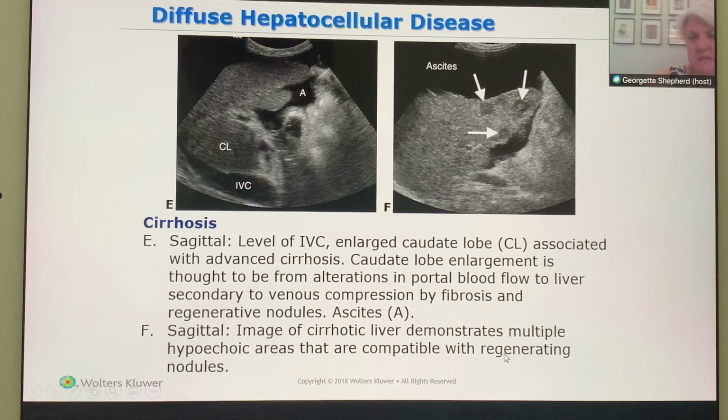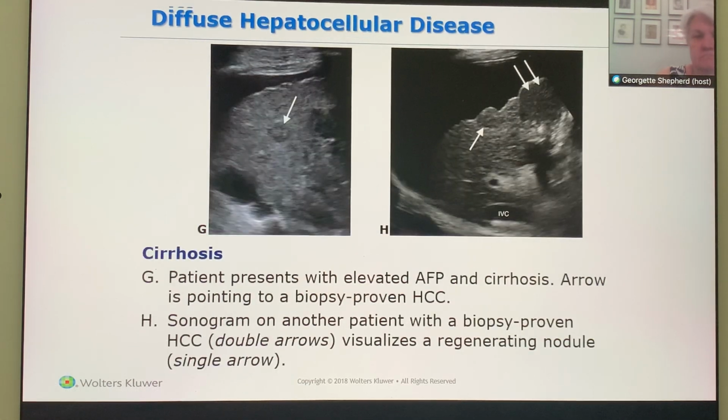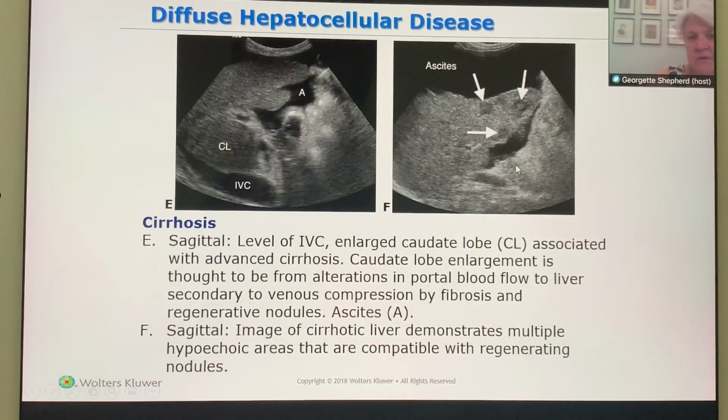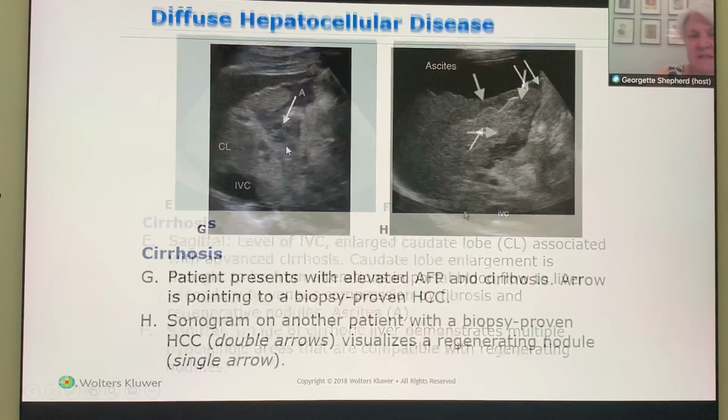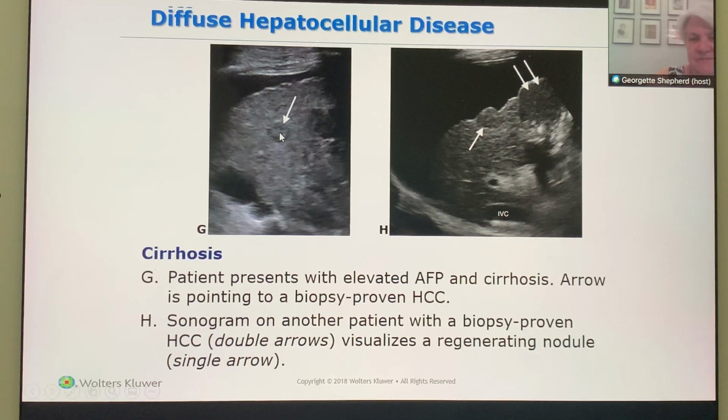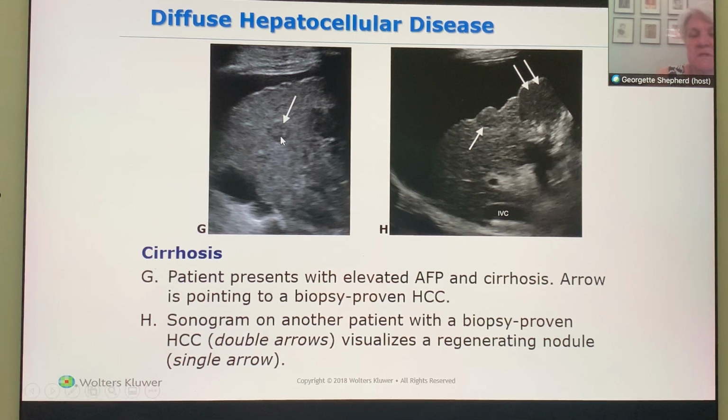Regenerating means it's trying to heal itself. So this here looks just like this here. But this patient had an elevation of AFP, cirrhosis. They did a biopsy, and it was HCC, hepatocellular carcinoma.